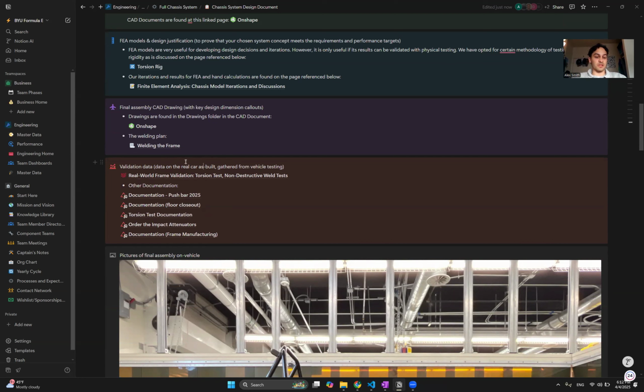So that's where you're linking pages to the frame validation, or maybe you're verifying stopping distance on your pedals and brake system. Maybe you're talking about how the drivers felt when testing out the different foam inserts for your seat. There's all of this validation you can be doing, and the more that you put in here, the less the judges can pick you apart for not having done it.